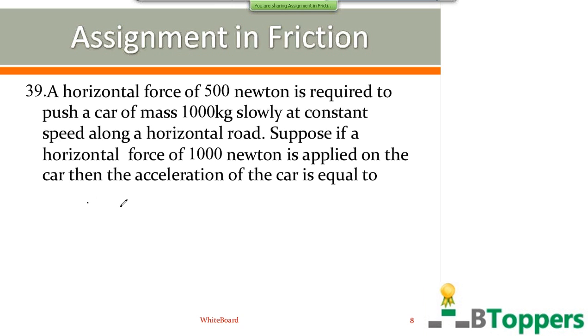So let capital F denote the magnitude of the horizontal force applied on the car by an external agent. Let small f denote the magnitude of the retarding force due to friction. The weight mg acts vertically downwards.